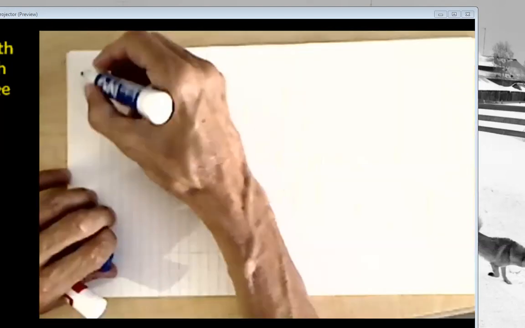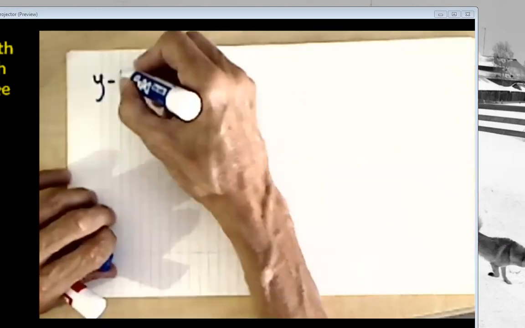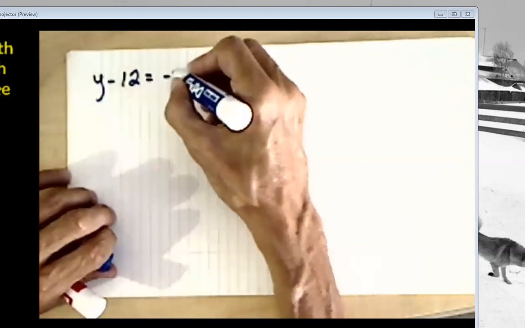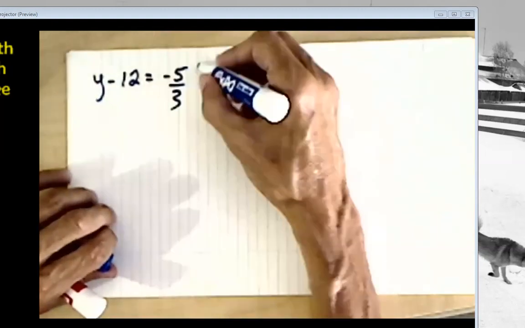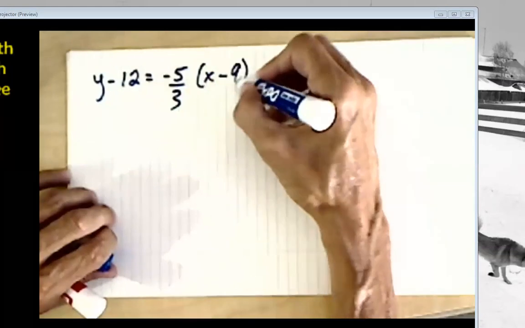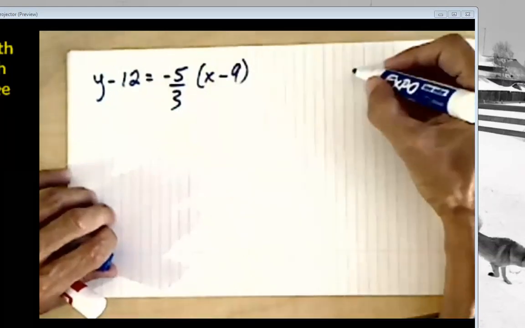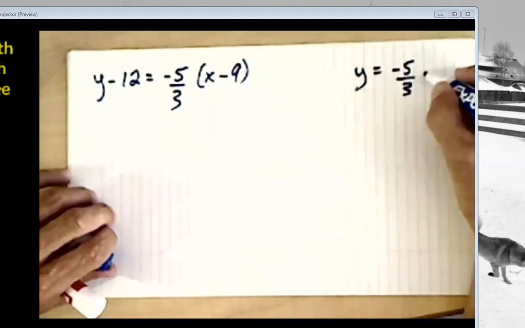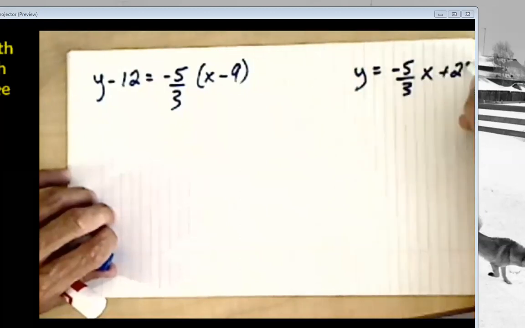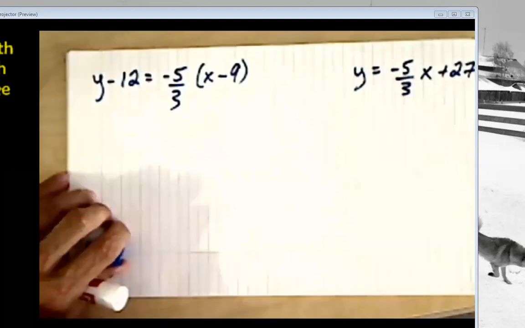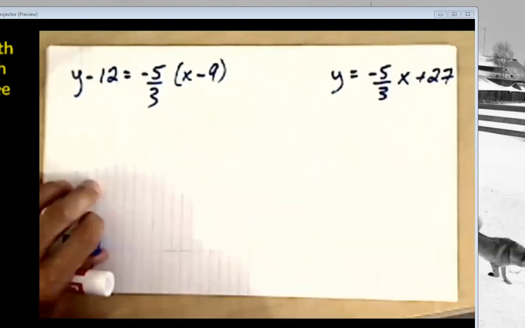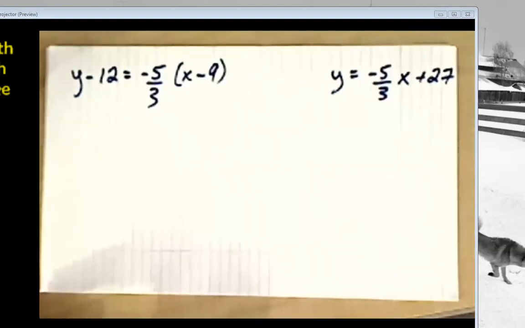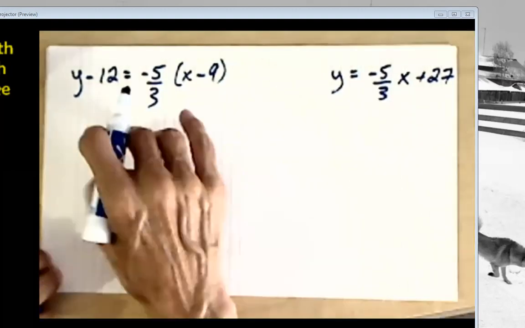We're gonna start with this, just to make sure we got the algebra locked down. And then we're gonna end up at this. 5 over 3x plus 27. Okay, good people. Starting on this side, what do you do first?